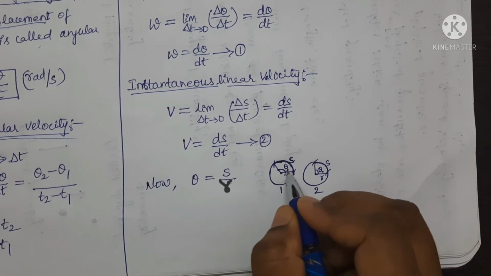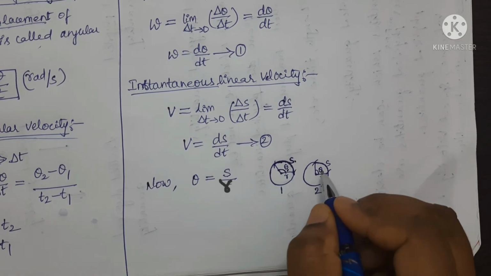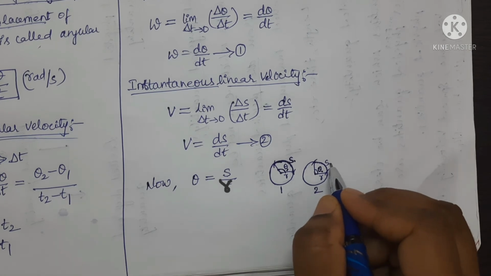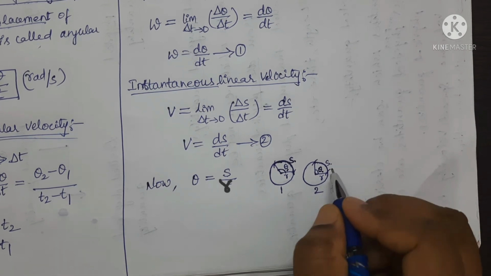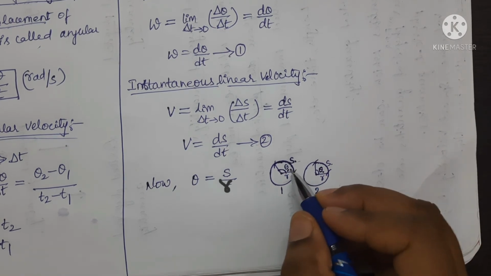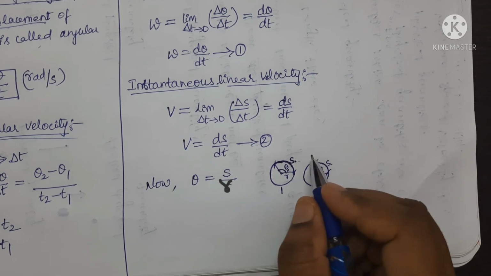So here the angular displacement is large, so the linear displacement is also large. Here the angular displacement is small, so the arc length is also small. That means there is a relation between these two. If one of the quantities is changed, the other one will also change.